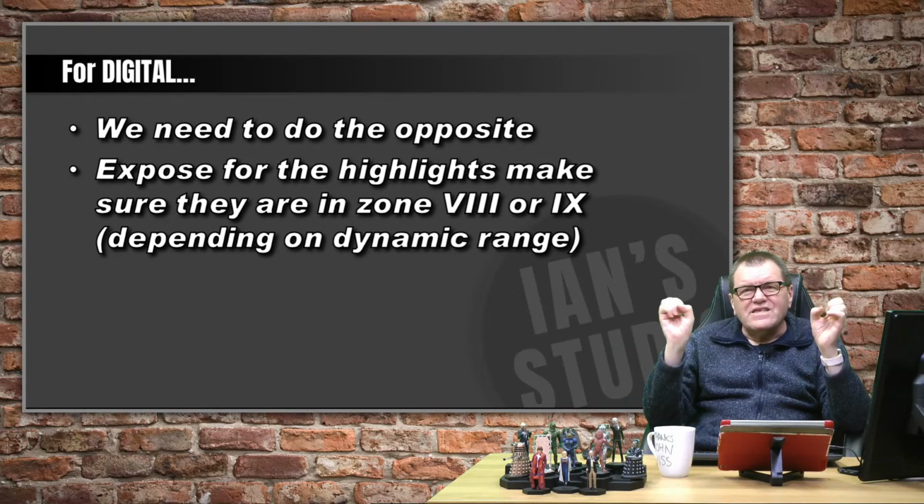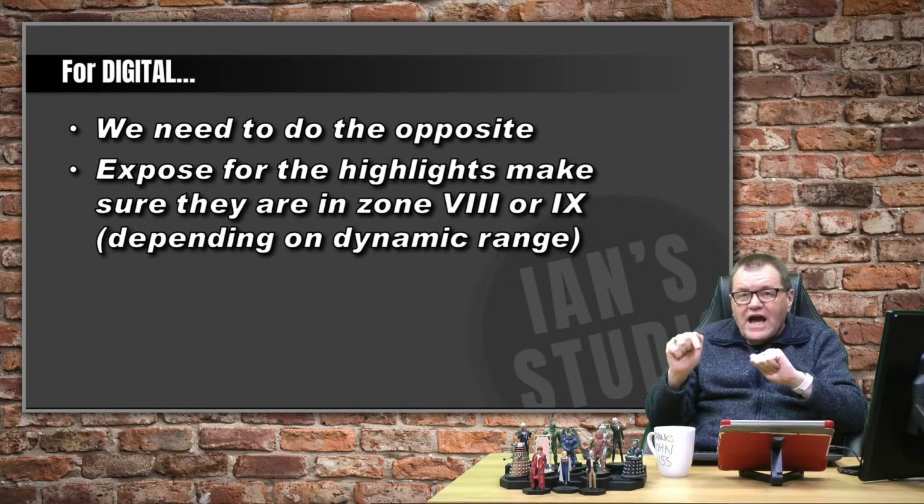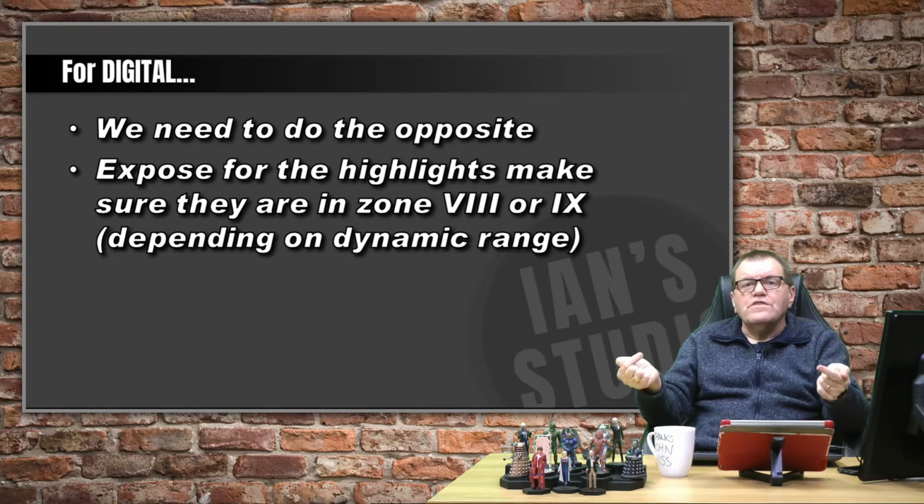That's your blinkies, that's your flashing highlights on there. Make sure your highlights stay in zones 8 and 9. The exception to that is, what's the one thing we can allow into zone 10? Specular highlights.